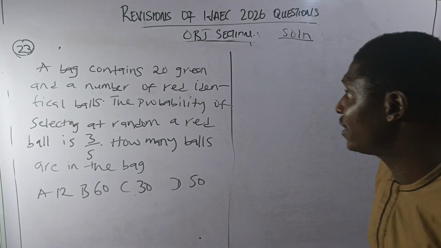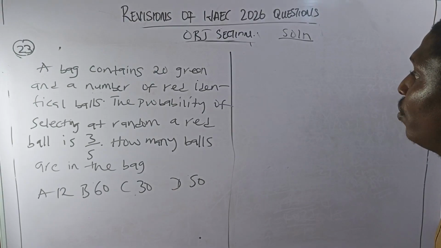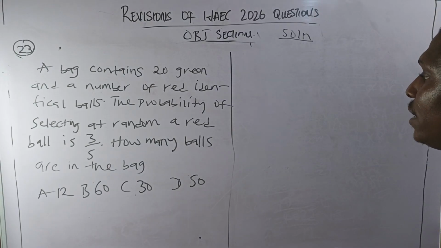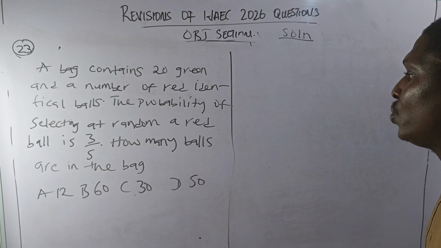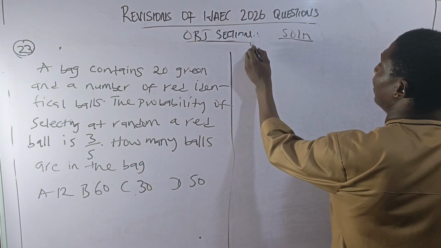Question 23 says, a bag contains 20 green and a number of red identical balls. The probability of selecting at random a red ball is 3/5. How many balls are in the bag?